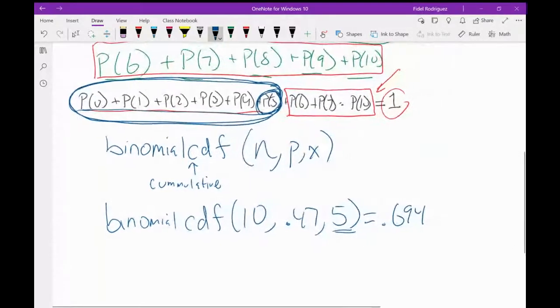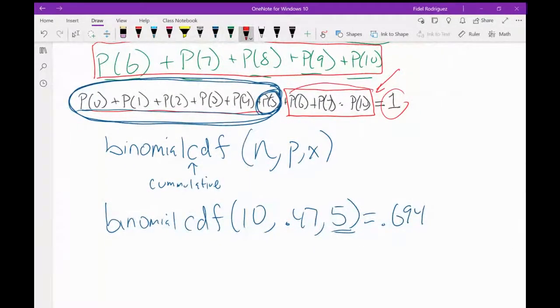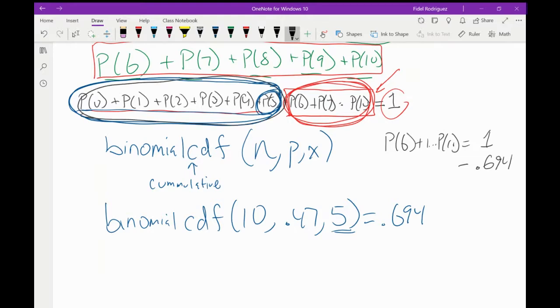Now, remember what we're trying to find. We're trying to find from 6 to 10, right? So if I'm trying to find the probability from 6 all the way to 10, I'm going to take 1 minus 0.694, because this number was the 0.694.